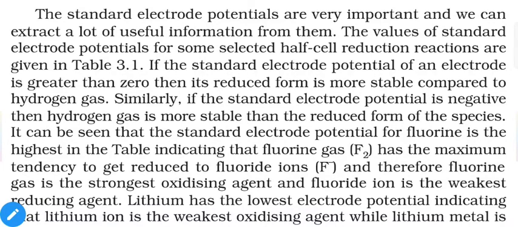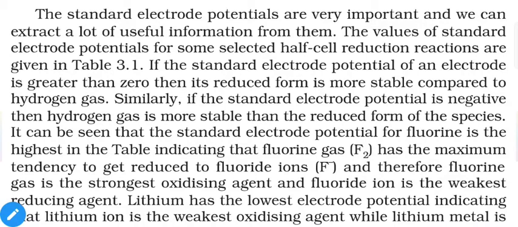Okay, so the higher the value of reduction potential, the more strongly our species will try to reduce, and the lower the reduction potential value, the more strongly our species will try to oxidize. As the value increases, more and more reduction will occur, and as the value decreases, more and more oxidation will occur.